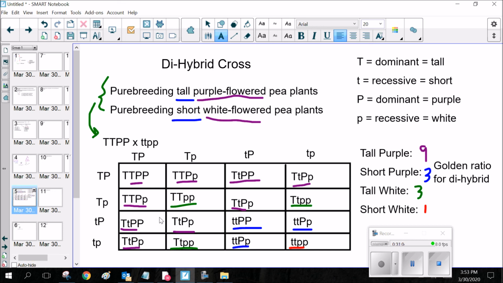And that meant if you could predict what was being passed on, you could do a lot to figure out what was the mechanism that was actually driving that. Of course, we know it's genes and alleles, but he didn't at the time. And so now we know it's dominant and recessive alleles that are being inherited in a certain pattern that are allowing this ratio to be true.